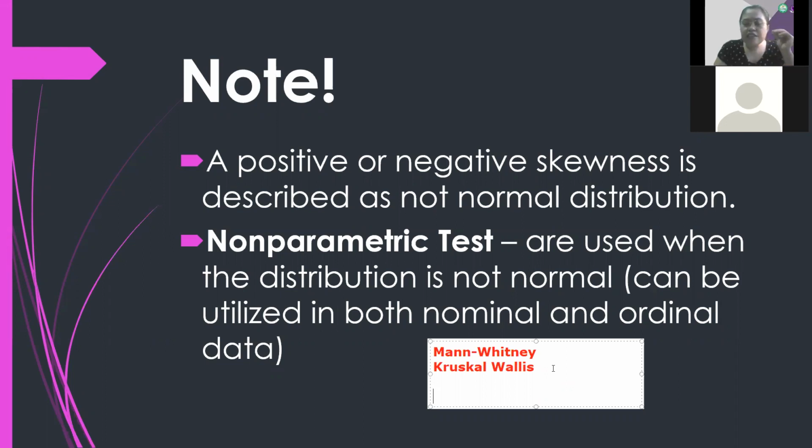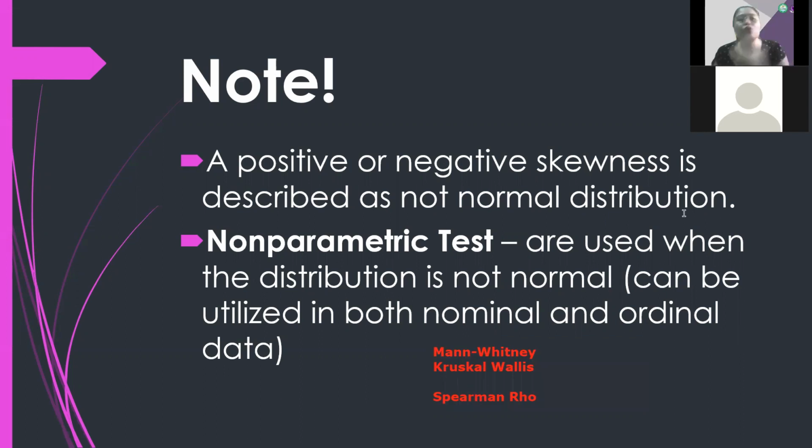But if your data collected is not normally distributed, then we have to use the non-parametric equivalent of Pearson R, and that is the Spearman-Rho correlation testing. So these are again examples of non-parametric tests that we can use to process, analyze and interpret the collected data, mostly in research.